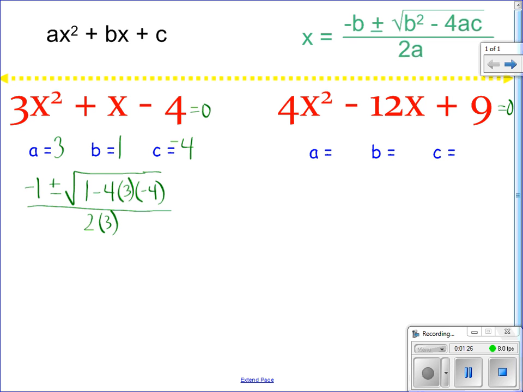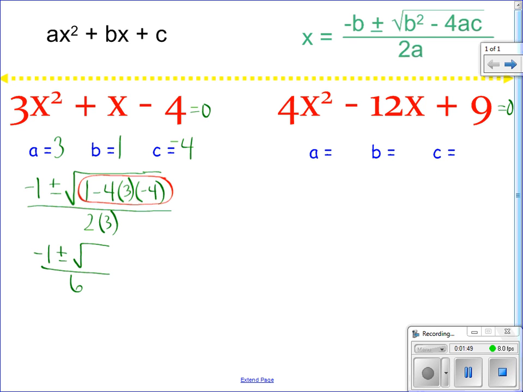Okay, so at this point you get your calculator out. And it's easiest if you just figure out what we call in the math world the discriminant first. Okay, so we've got -1 plus or minus the square root of something over 6.